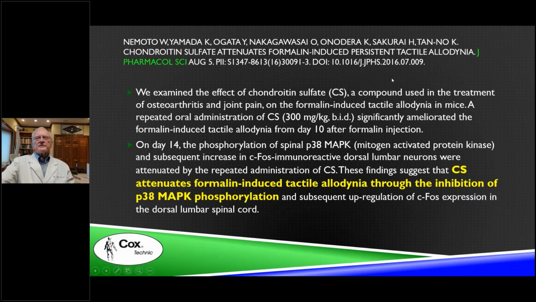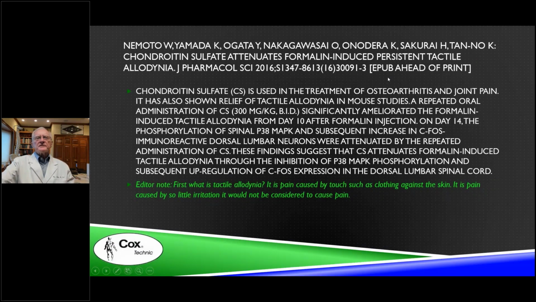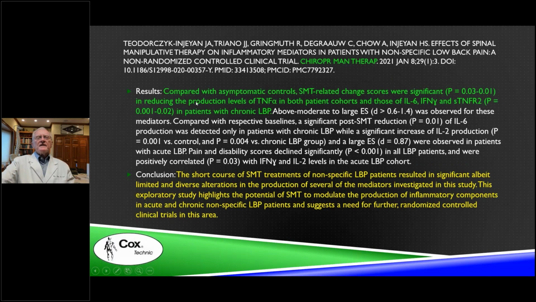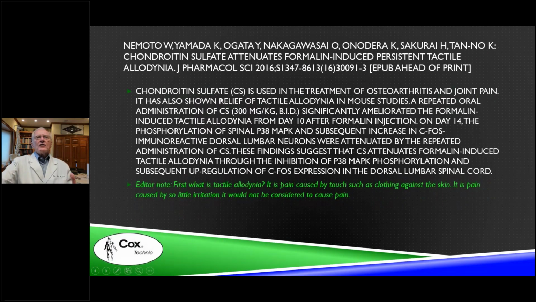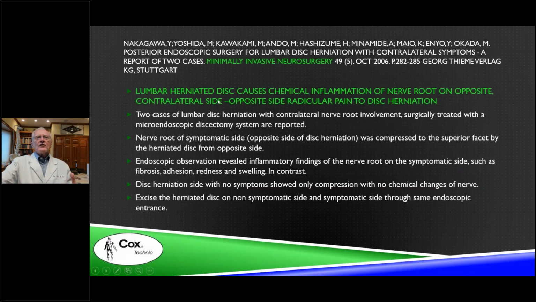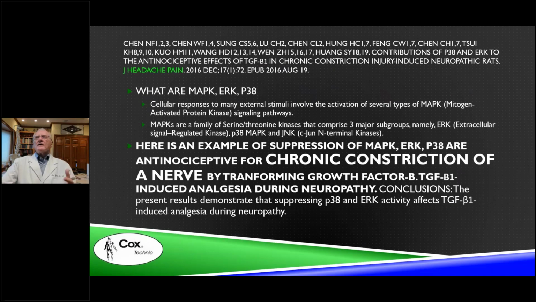And those receptors will block pain impulses coming in. They're called ligands. When they meet a receptor, they can block that ligand, that chemical inflammatory agent, from entering the disc cell. Now, many diseases are treated that way.